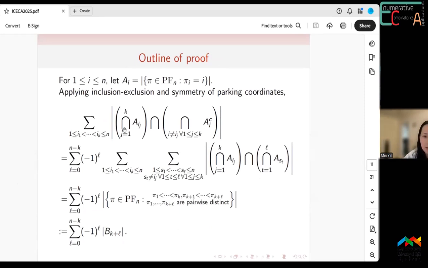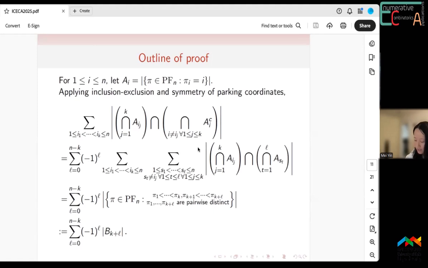That's why you see the intersection here and then the latter intersection. Then we use inclusion-exclusion to expand them into a more complicated formula. In the next step, we use the permutation symmetry of the parking coordinates so that we change all the indices back to the initial indices.